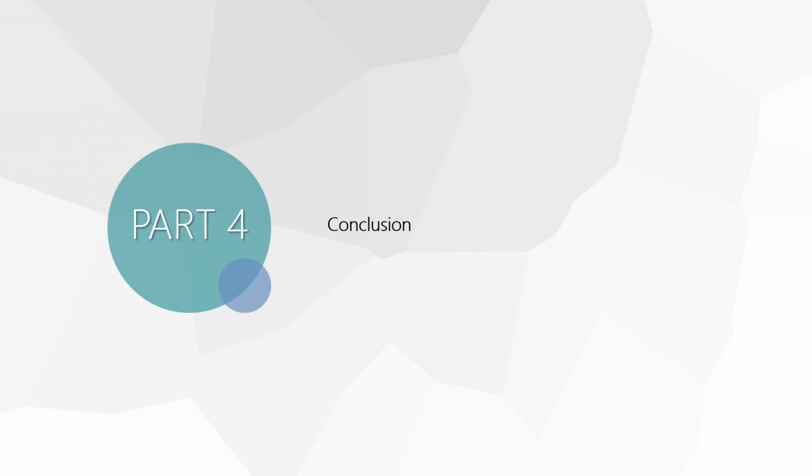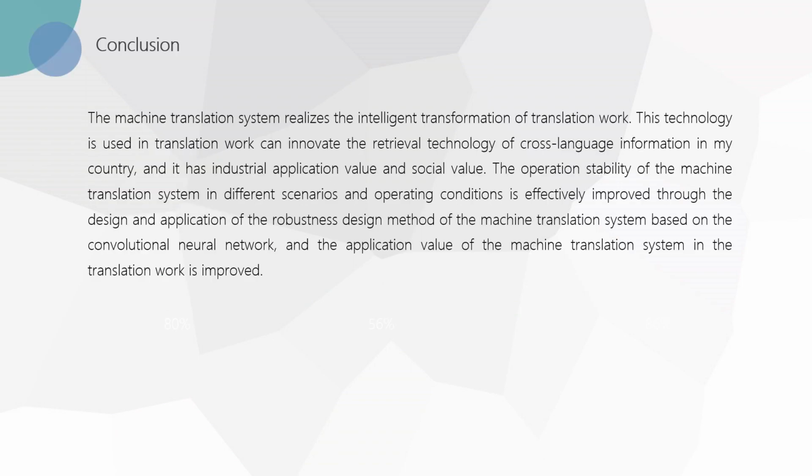Then comes the conclusion part. The machine translation system realizes the intelligent transformation of translation work. This technology, used in translation work, can innovate the retrieval technology of cross-language information in my country, and it has industrial application value and social value.